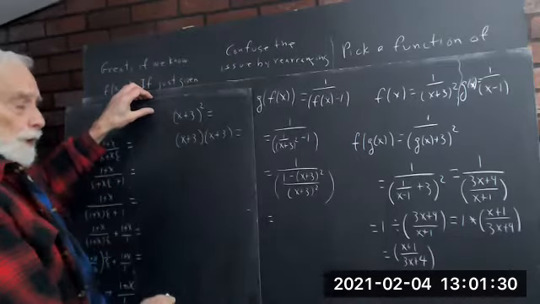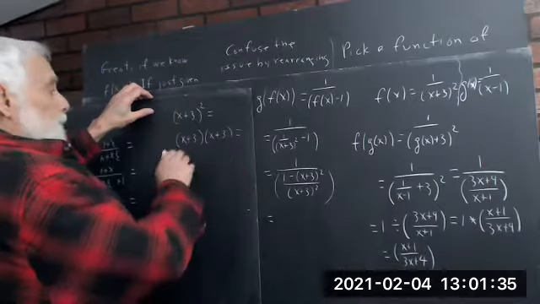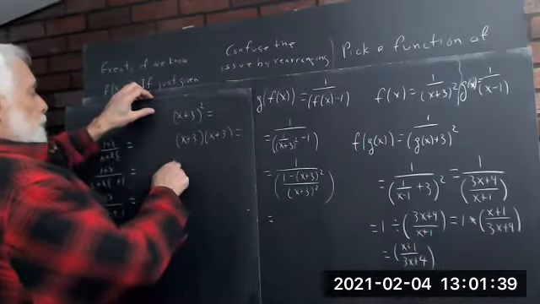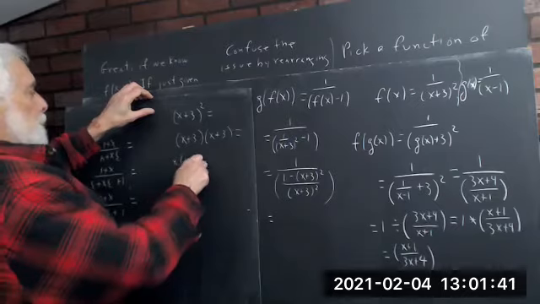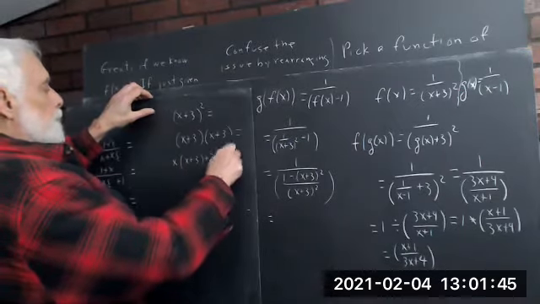By the distributive law, x plus 3 multiplied by something is x times that something plus 3 times that something. So we could write this as x times x plus 3 plus 3 times x plus 3.